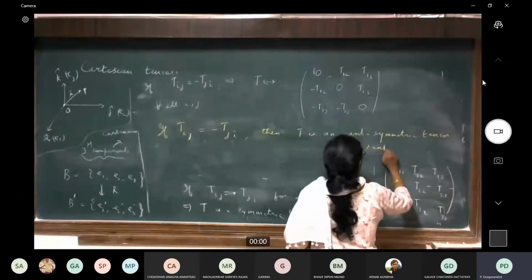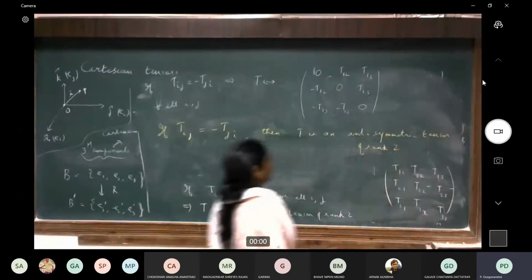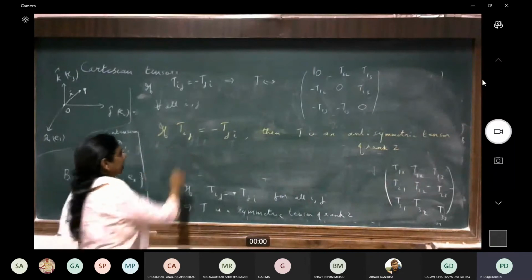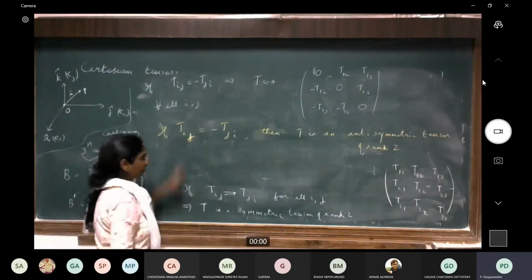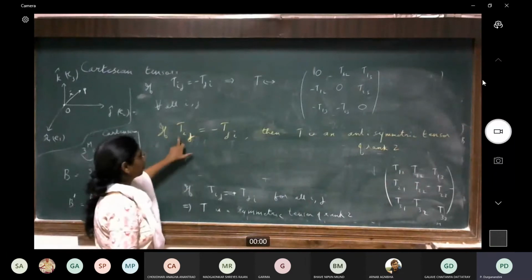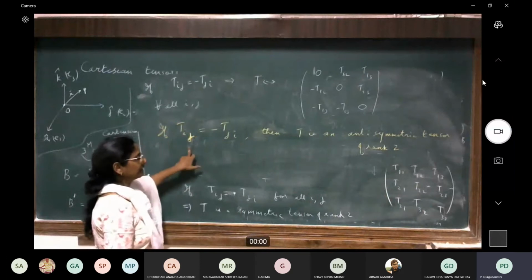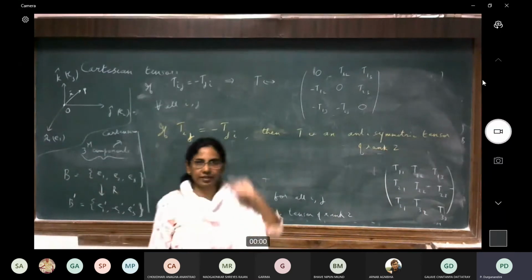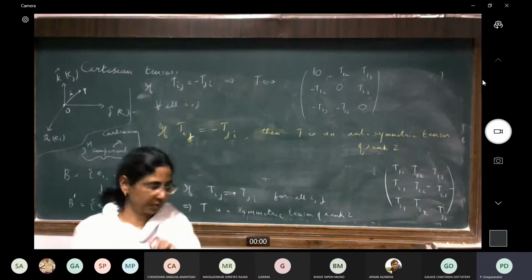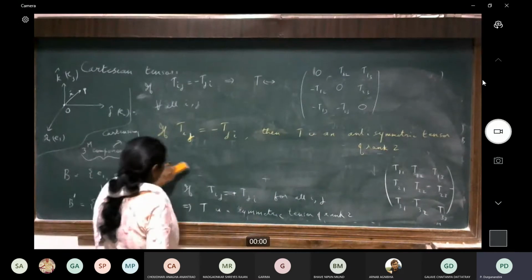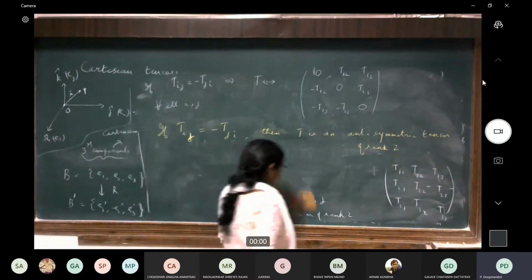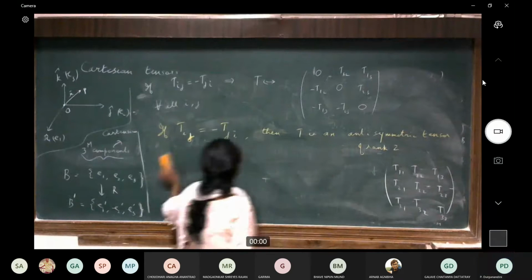And in particular, what this tells me is that the diagonal elements of the tensor, that means T11, T22, T33, are equal to 0. That's what this tells me. Right? Now I can generalize this to higher order tensors in the following way.